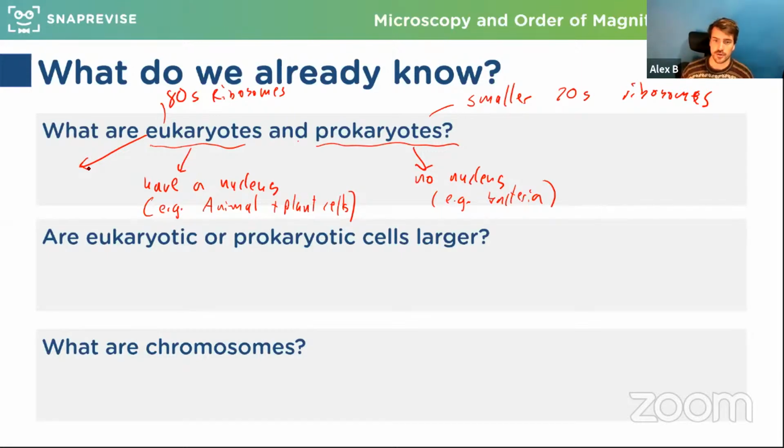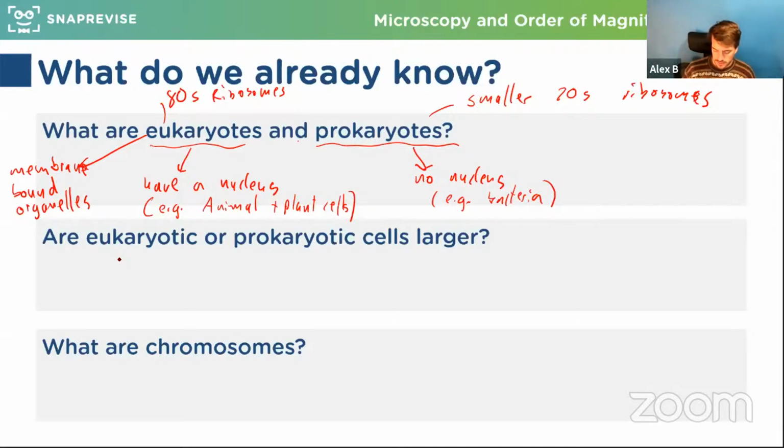So things like mitochondria, chloroplasts, vacuoles, they're only in eukaryotes. Prokaryotes don't have any organelles in membranes. Even the nucleus is a membrane-bound organelle. It's actually got a double membrane. So prokaryotes do have some features, but they're not in membranes.